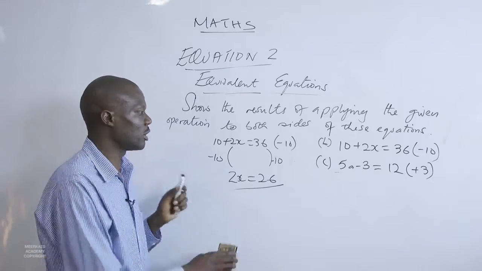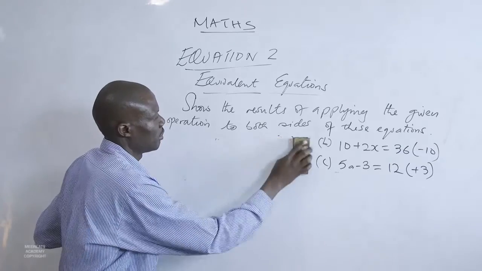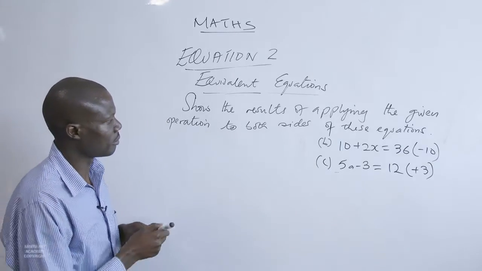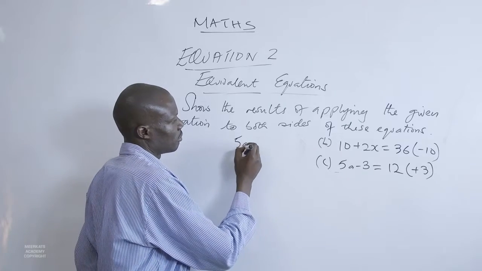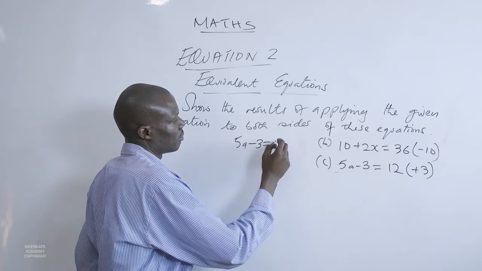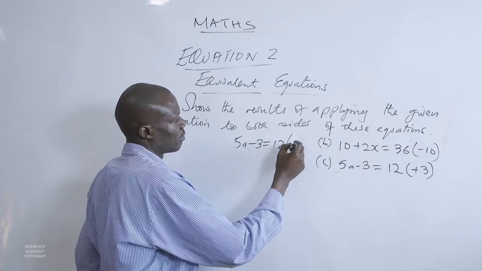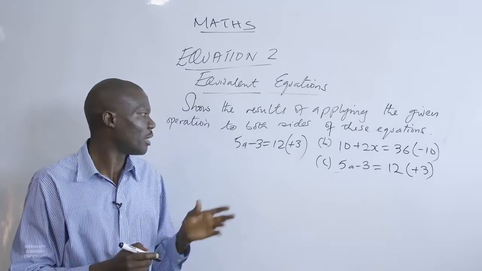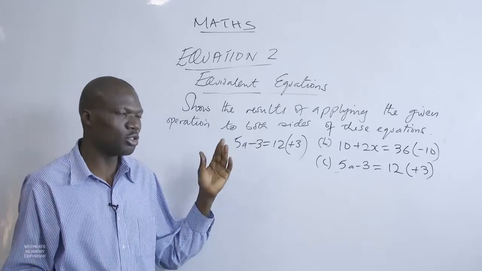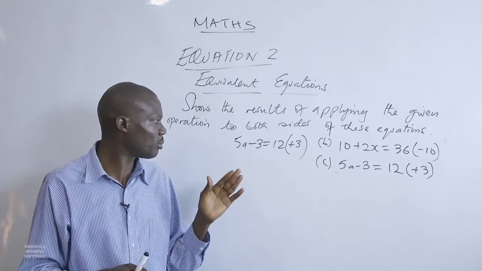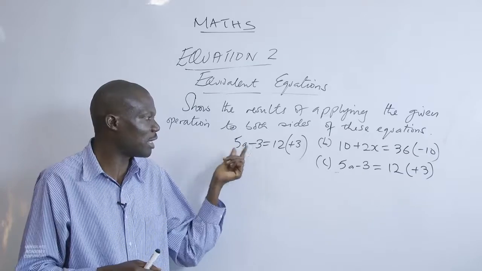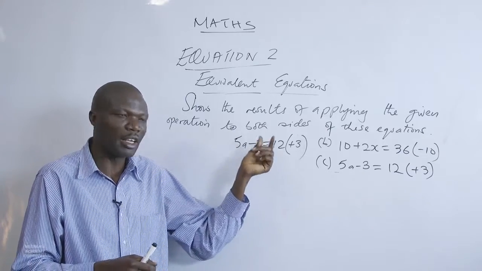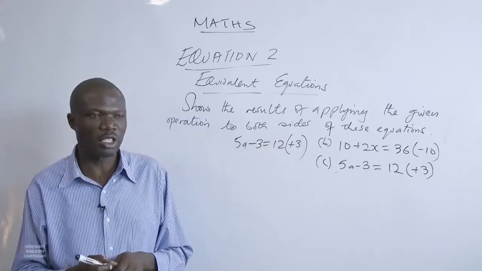For the last question, they have given us 5a minus 3 is equal to 12. In brackets, add 3 to both sides.